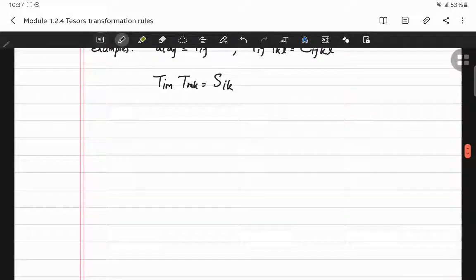All right. So this can be easily proved for any kind of combination. But let's do it for a second order tensor, and we do it again for a fourth order tensor.